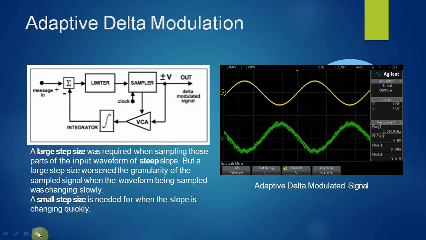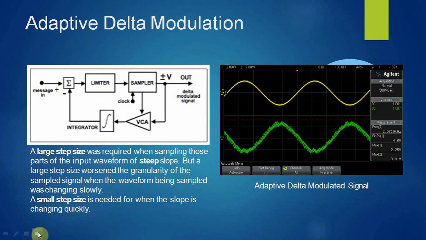Then adaptive delta modulation. Whatever issues are related to the delta modulation, first is the slope overload and the second is the granular noise, which are removed in the adaptive delta modulation. In case of the adaptive delta modulation, the step size increases if the amplitude of the information bearing signal increases, and the step size decreases if the amplitude of the information bearing signal decreases.